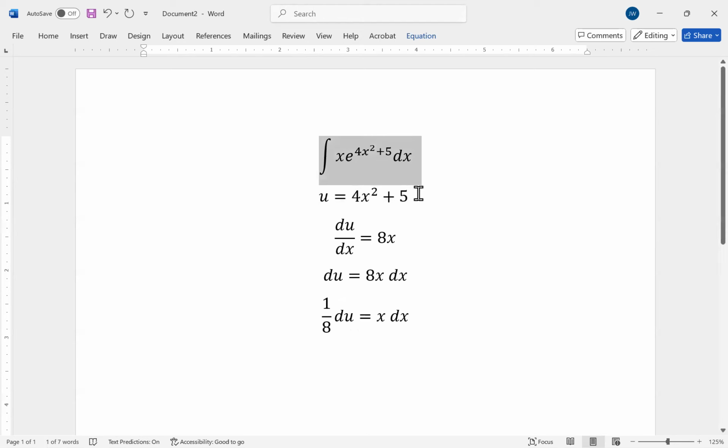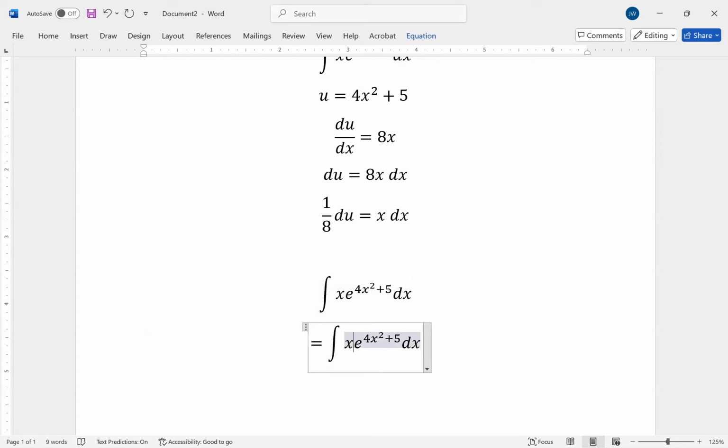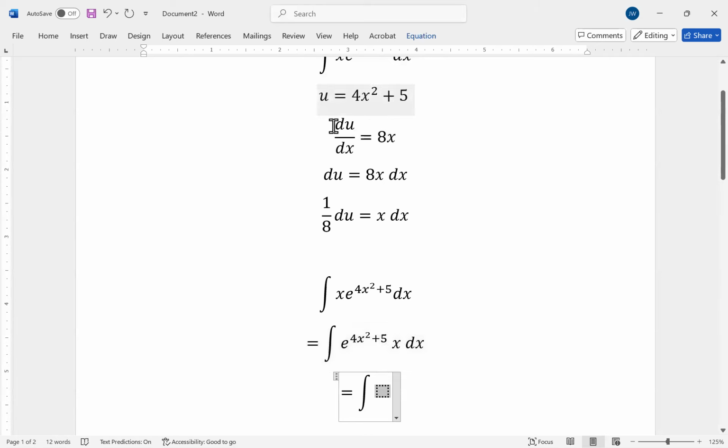So now I'm ready to integrate here. The first thing I do, since my differential exchange is x times dx, is put the x next to the dx. And now I'm ready for substitution. Here we have e to the 4x squared plus 5. 4x squared plus 5 is my u.